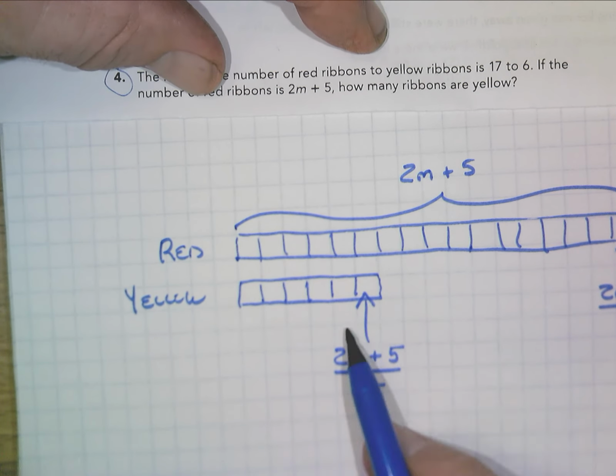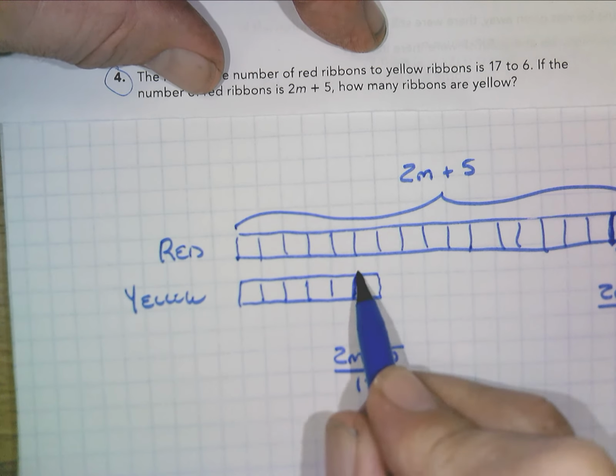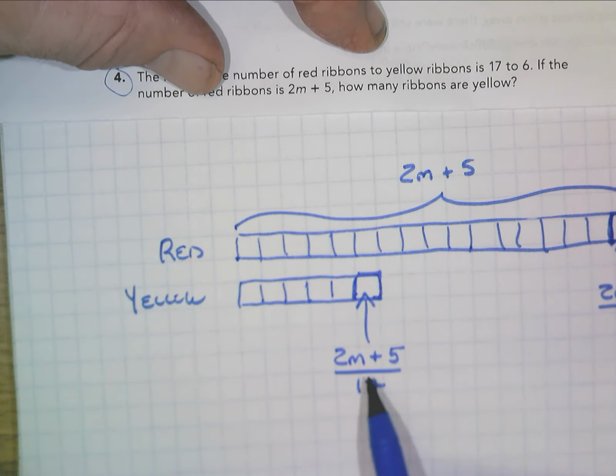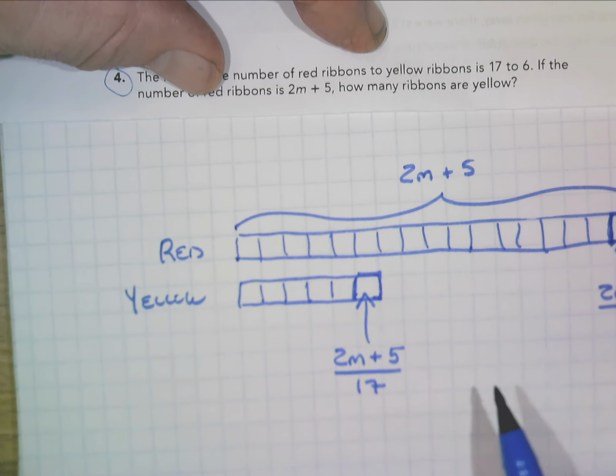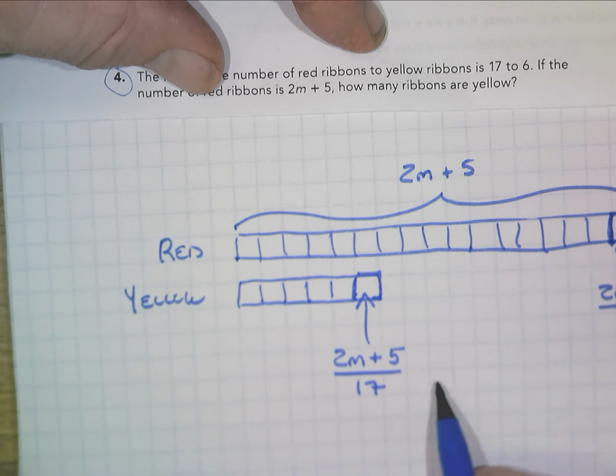Notice it doesn't matter that this is a different ribbon. The size of this box is 2m plus 5 divided by 17. We can transfer that size since this is the same size to this problem. And this is 2m plus 5 over 17, the size of this box. But to get the length of this ribbon, we have to multiply that by 6.